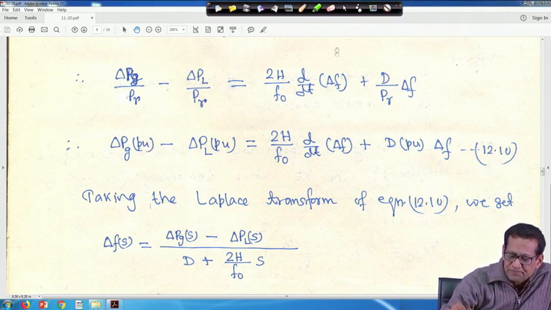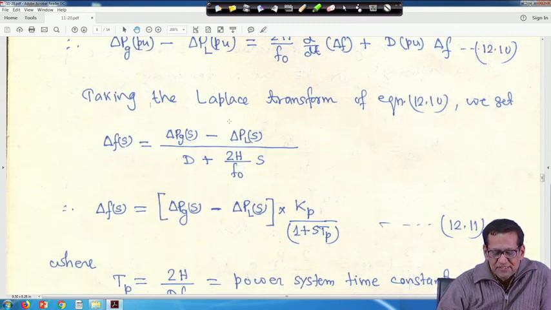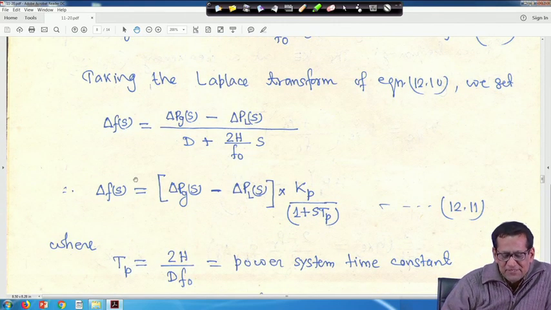So this is your delta F. Now if you simplify, delta F(s) will be delta Pg(s) minus delta PL(s) into Kp upon 1 plus sTp.